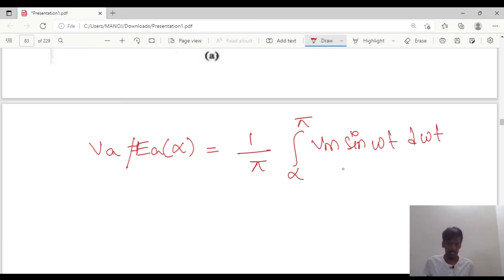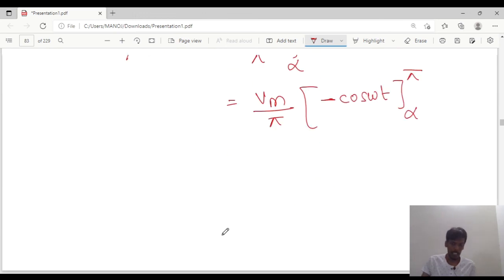Vm is constant, so I am taking it outside. Vm by pi, integration of sin omega t gives minus cos omega t, applying the boundary conditions alpha and pi.